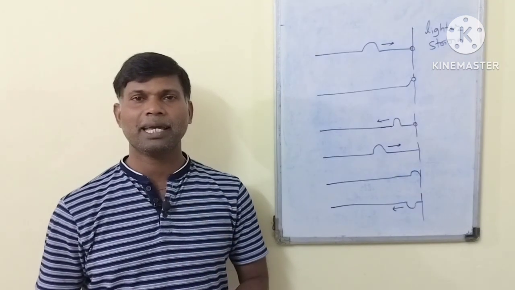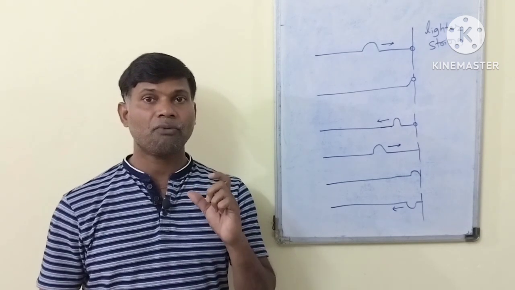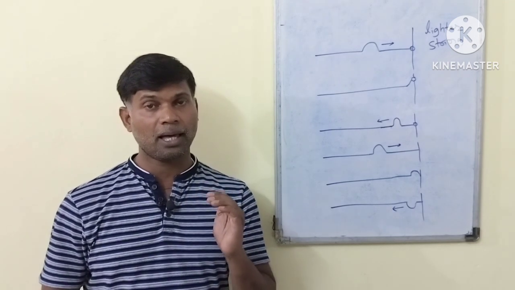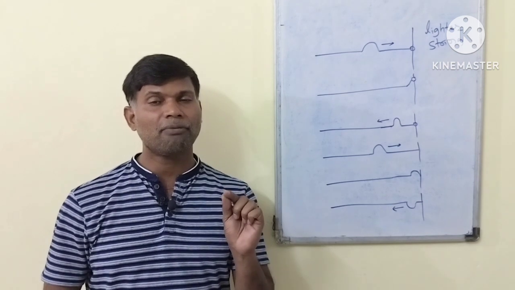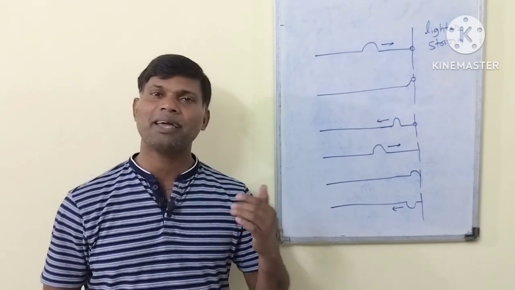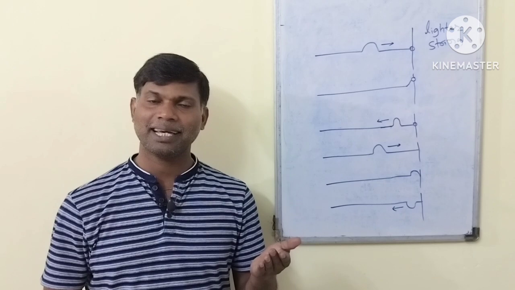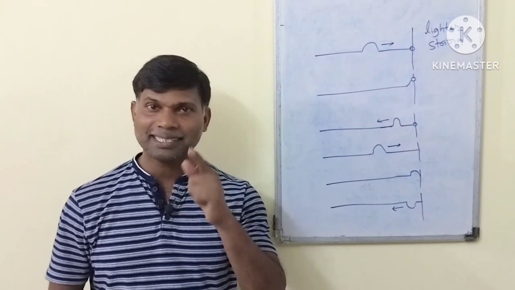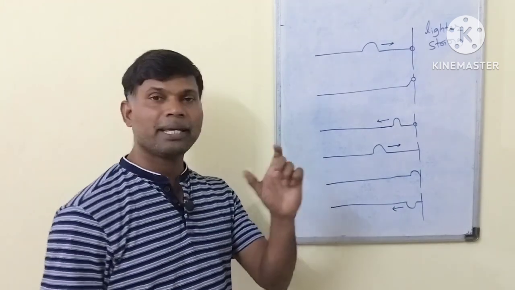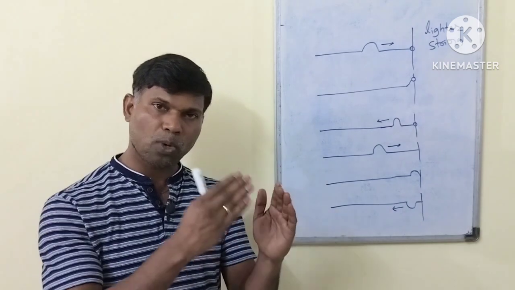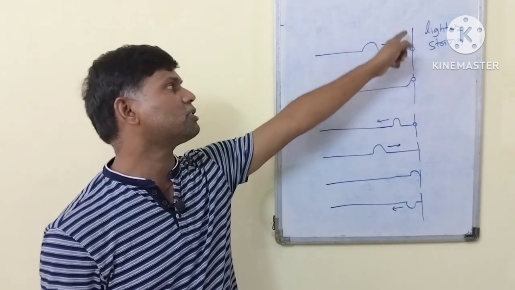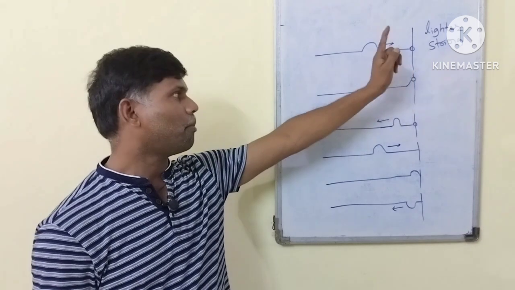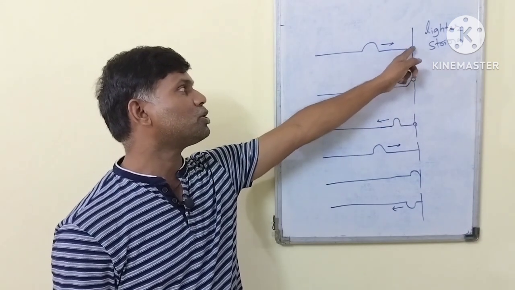When the wave reflects from the lighter string, the reflected wave will be in the same phase as the incident wave. The reason is like this. I am taking an example: a string attached to a fixed rod, but the string is attached to a ring.